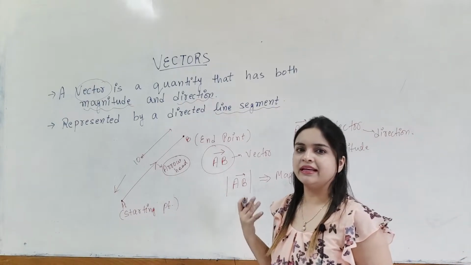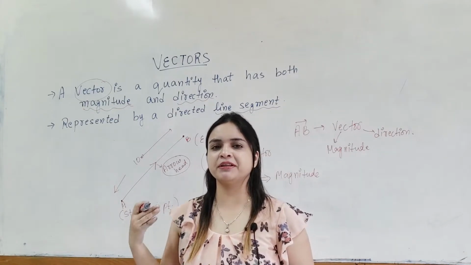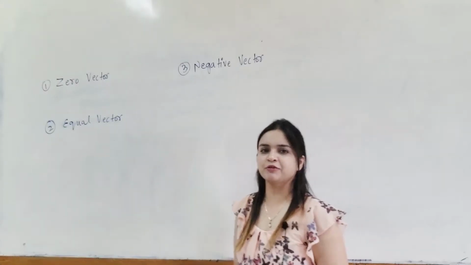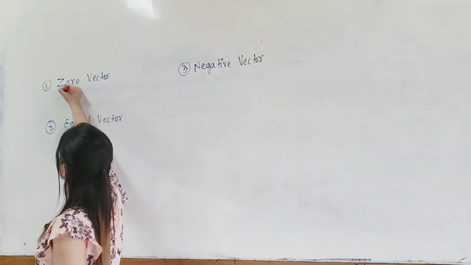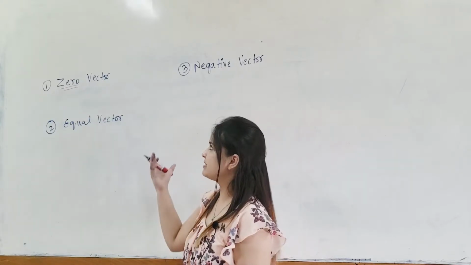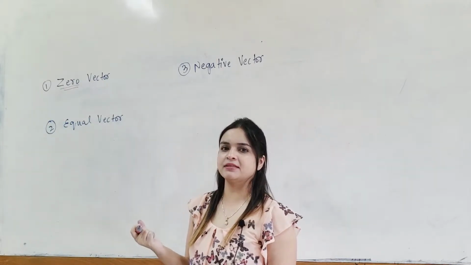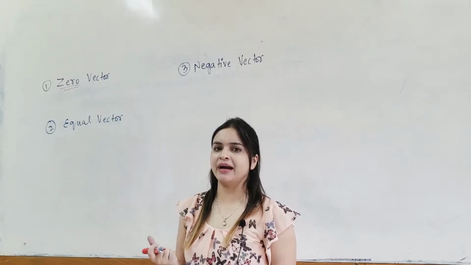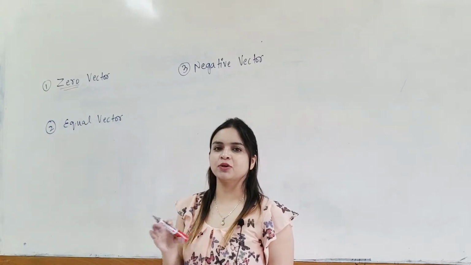Now, in this vector, we have different types. Let's start with the first vector. The first vector is zero vector. From the name, you can say that zero vector means it has zero magnitude as well as no direction.